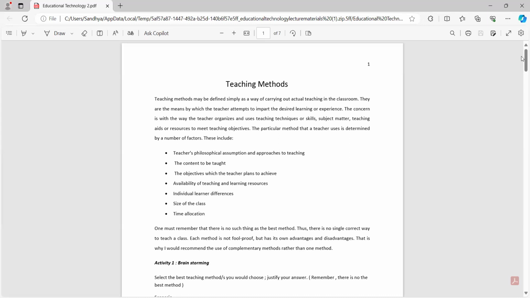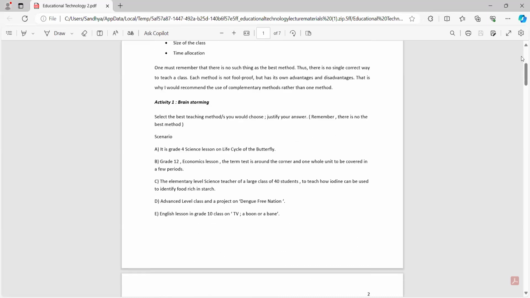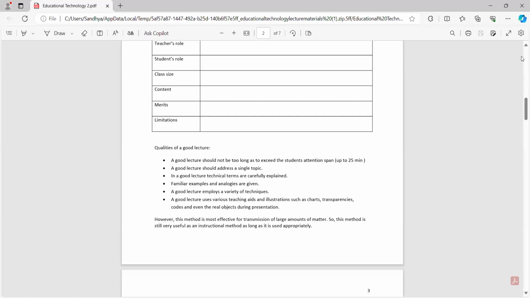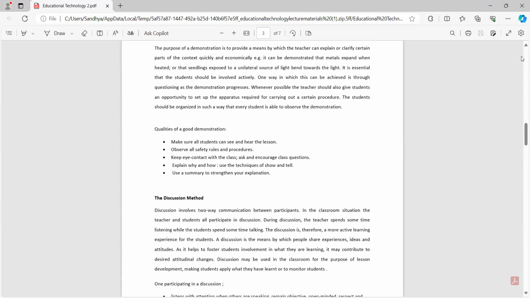And if you are using demonstration method, we looked at how to conduct it. Make sure all students can see and hear, observe all safety rules, keep eye contact, and encourage the class to ask questions, explain why and how, use the techniques of show and tell, use a summary to strengthen your explanation.